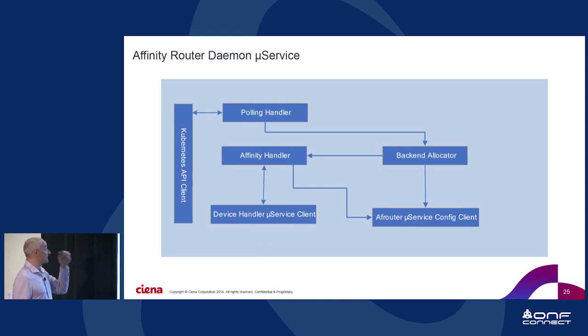So basically, it calls the API, and then it uses a backend allocator, and that backend allocator basically uses an intersection. An intersection between backends. So let's say this thing's crashed and come back up. You know, all these device handlers already have affinities established, right?